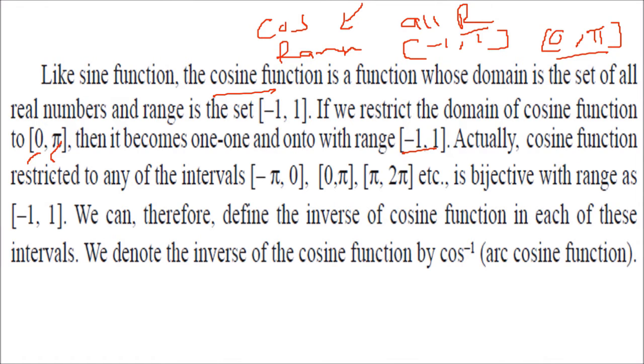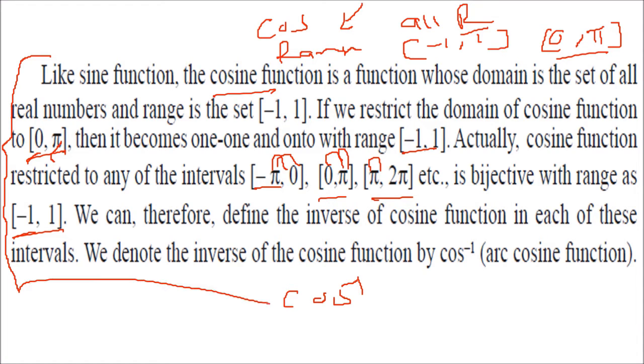Cosine can also be restricted to -pi to 0, 0 to pi, or pi to 2 pi, because for this range it is going to give you the values -1 and 1, meaning the range will be the same for this partition. Now, if we want to find the cos inverse, this is all about cos.